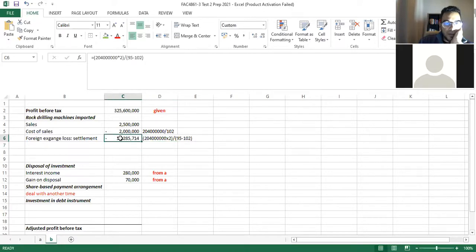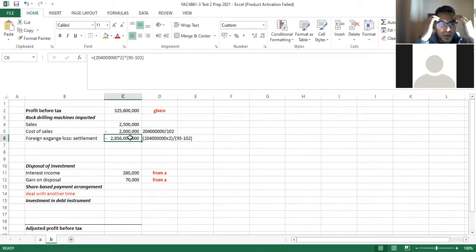Aren't we supposed to multiply it by the difference between 95 and 102? Yeah, it was multiply. No, it's still a bit too much. Something is not right over here.